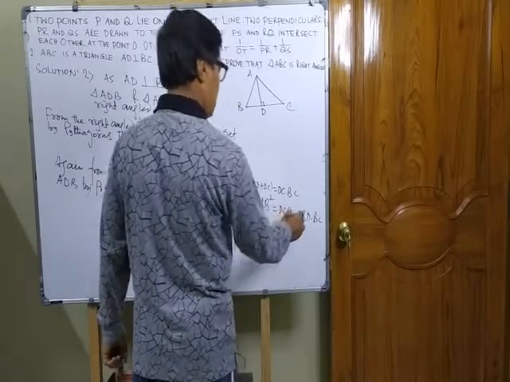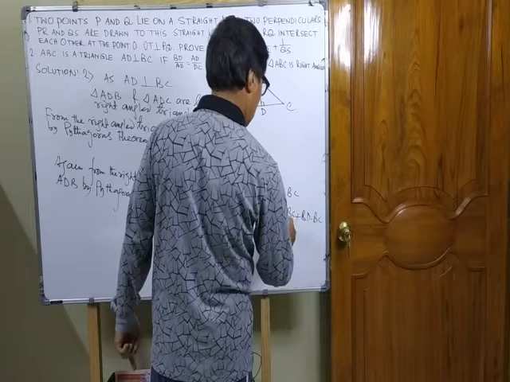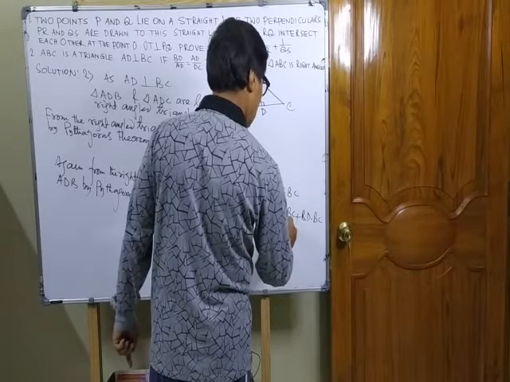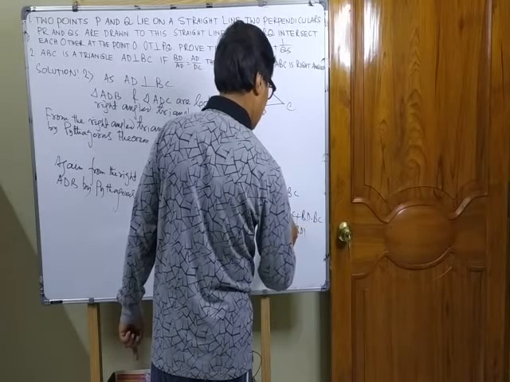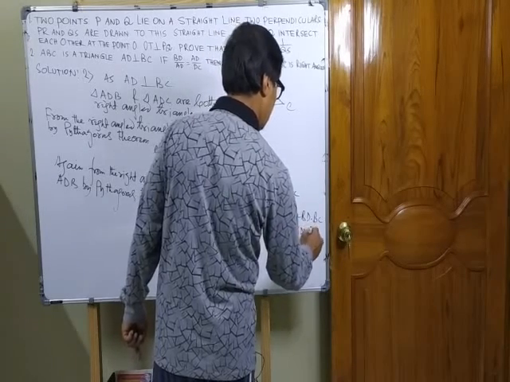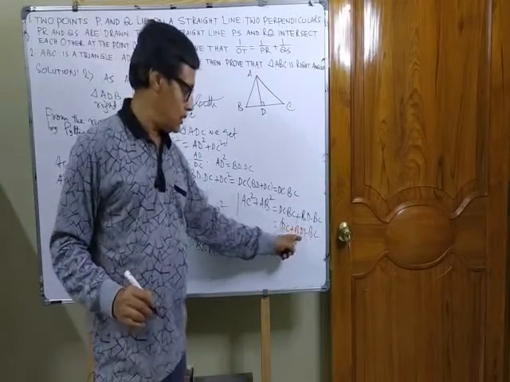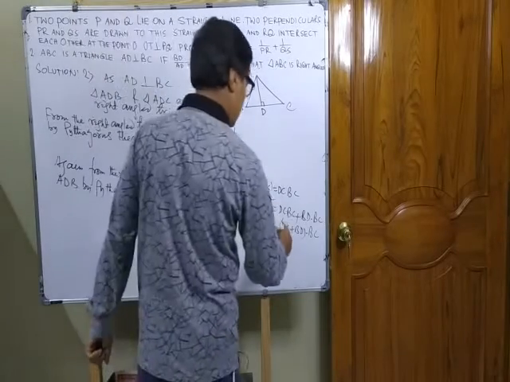We can also reduce it into factors. After reducing we get DC plus BD multiplied by BC, and DC plus BD is BC.